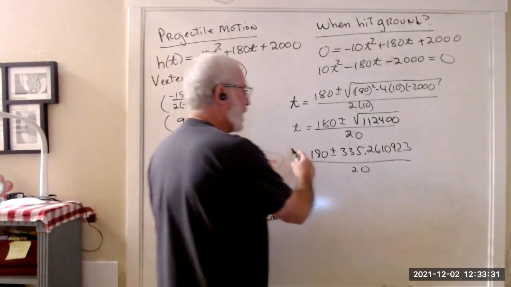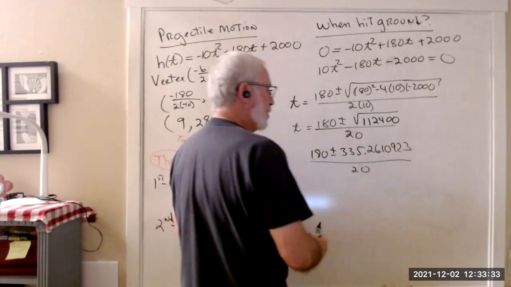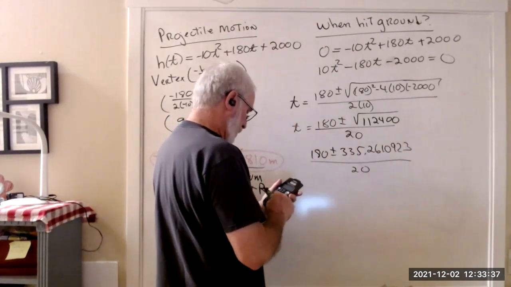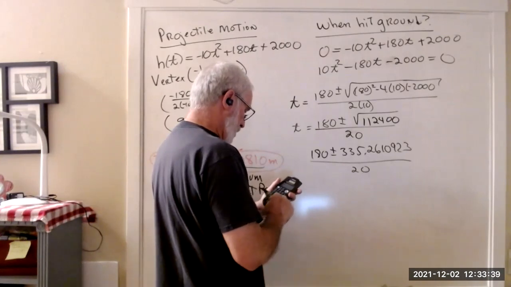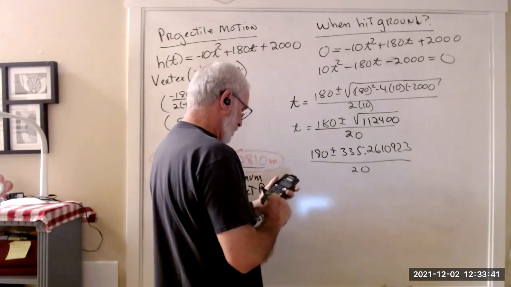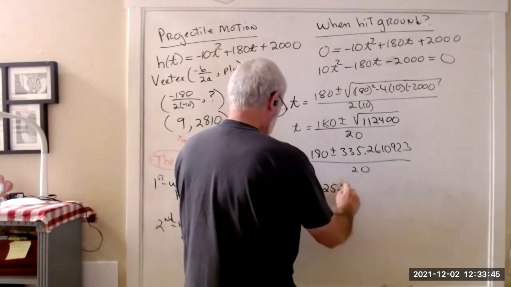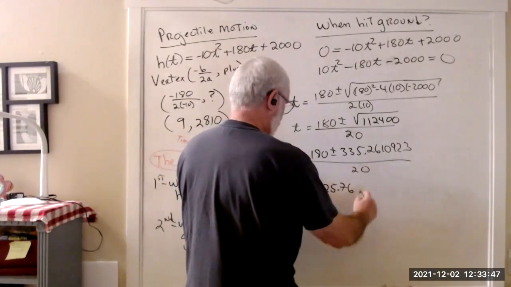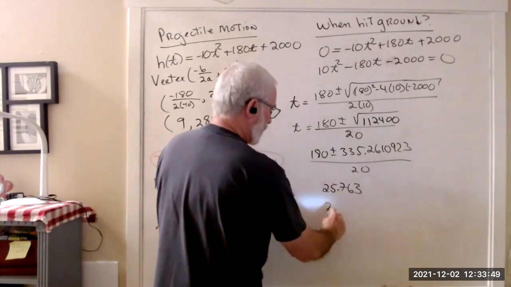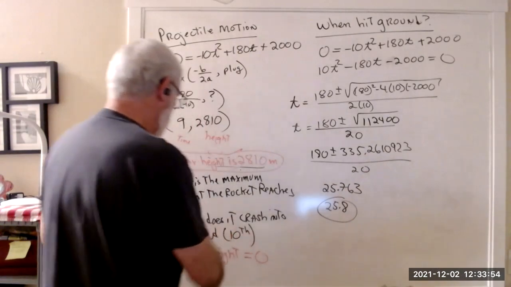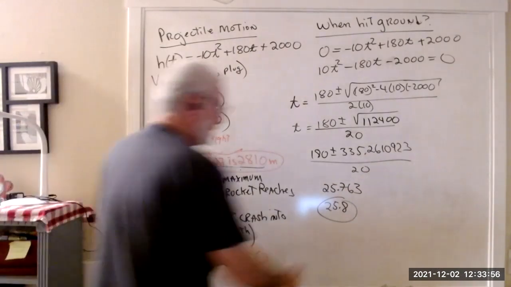There's 180 plus this number, and then divide by 20. So I get 25.763, which rounds to 25.8, because I said round to the nearest tenth, and this is seconds.